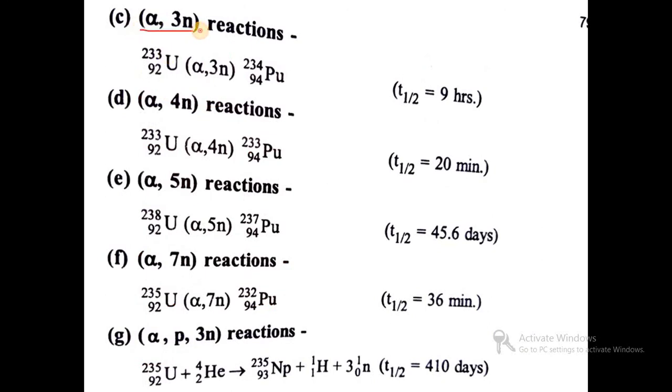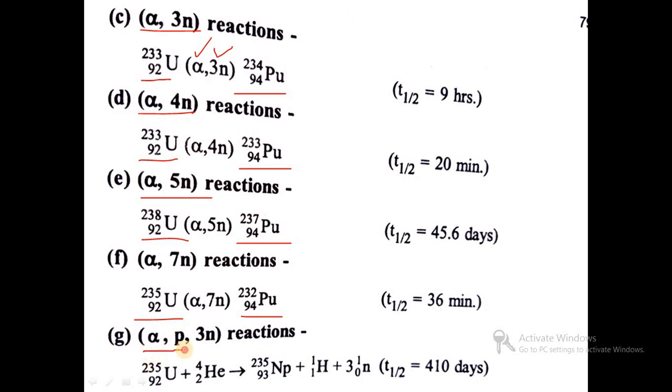When we carry out alpha-3n, uranium 92-233 is converted into plutonium 94-234. Alpha is bombarded and the ejectile is 3 neutrons. In the alpha-4n process, uranium 92-233 is converted into plutonium 94-233. In the alpha-5n process, uranium 92-238 is converted into plutonium 94-237. And alpha-7n, uranium 92-235 is converted into plutonium 94-232 isotope.